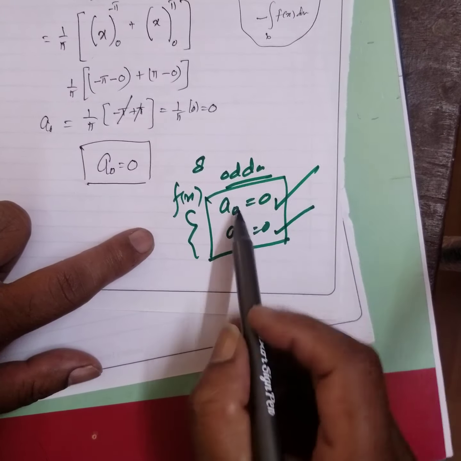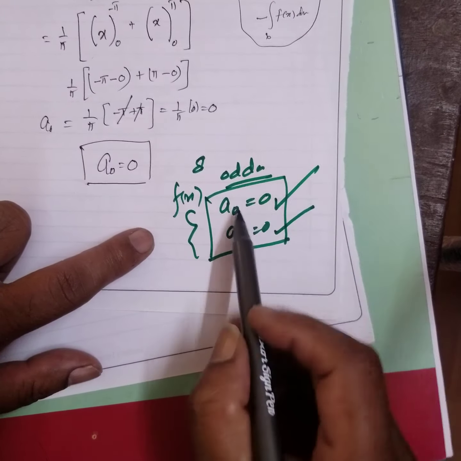From minus pi to 0, function of x is what? Minus 1 dx. Minus into sin nx dx. Plus from 0 to pi, plus 1. You understood how? Sin nx dx.